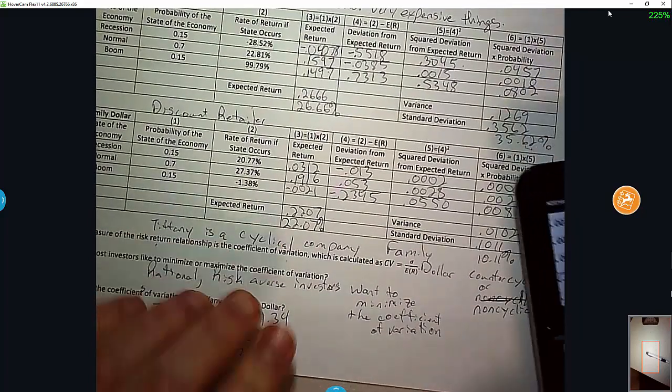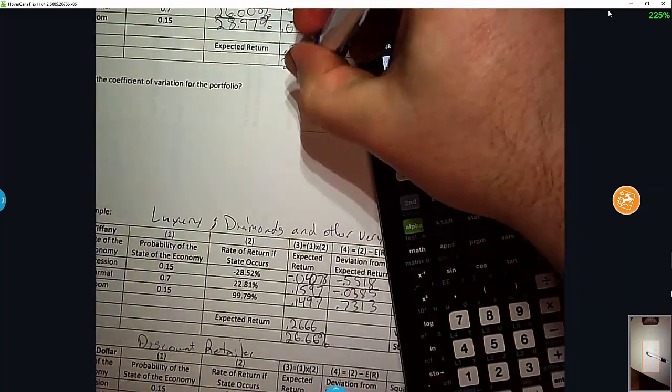So I take 0.3 multiplied by 0.2666 plus 0.7 multiplied by 22.07%, 0.2207, which gives me a value of 23.45%. That's what we get here.